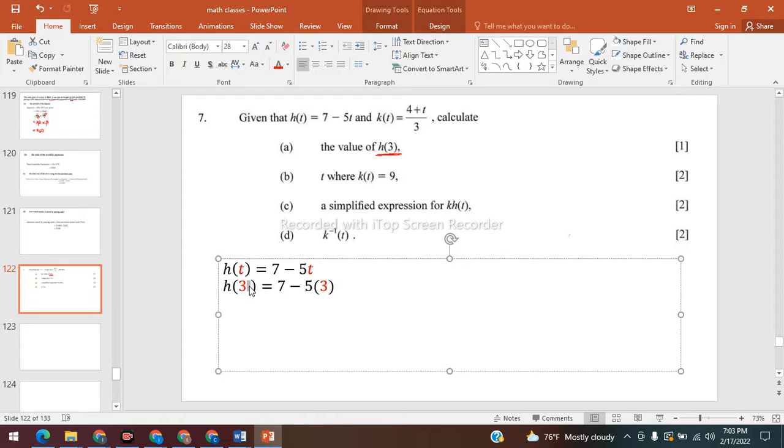And 5 times 3 is what? 15. Very good. So h of 3 is 7 minus 15. What is 7 minus 15? Negative 8. Is that true? 7 minus 15. Where's the calculator?